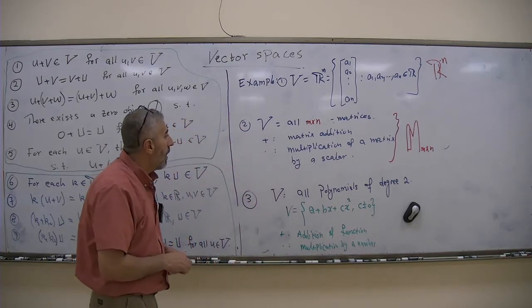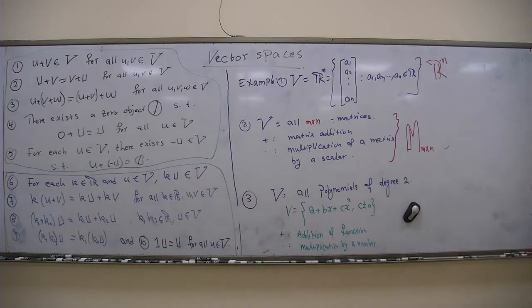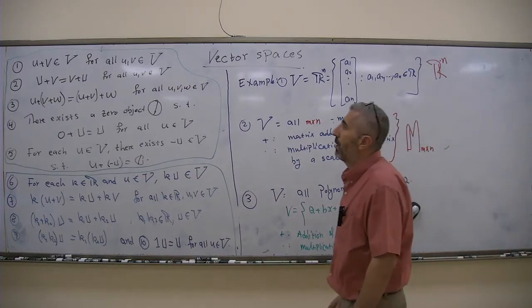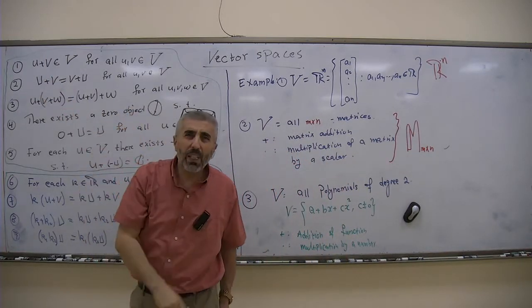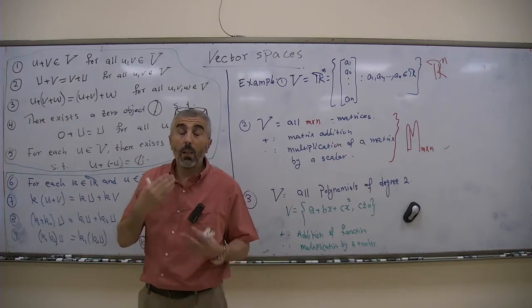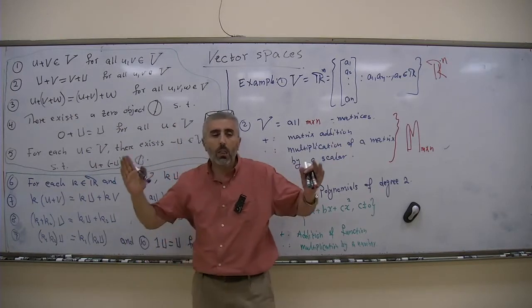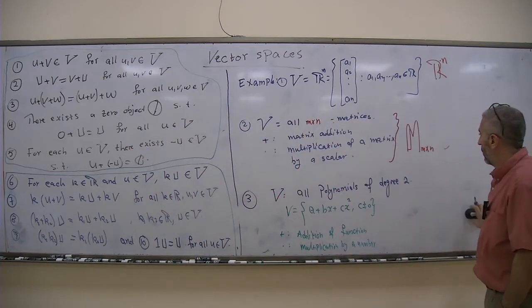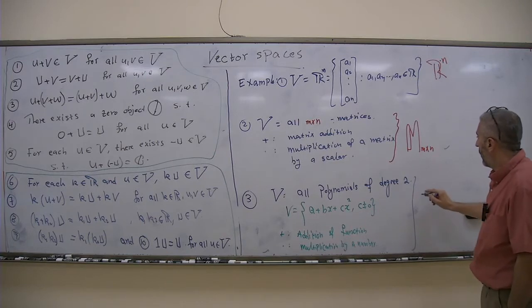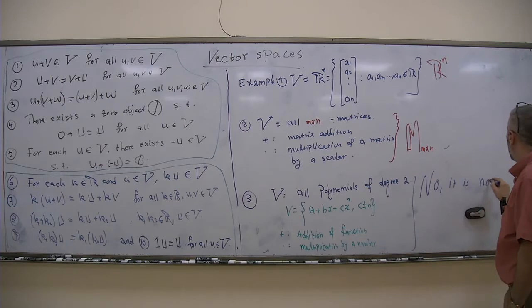Okay? Is this a vector space? Let's think about it. What happens to the first condition? If you take two polynomials of degree 2 and add them, are you going to get a polynomial of degree 2? In other words, is it closed under addition? No, it is not. So it is not a vector space.